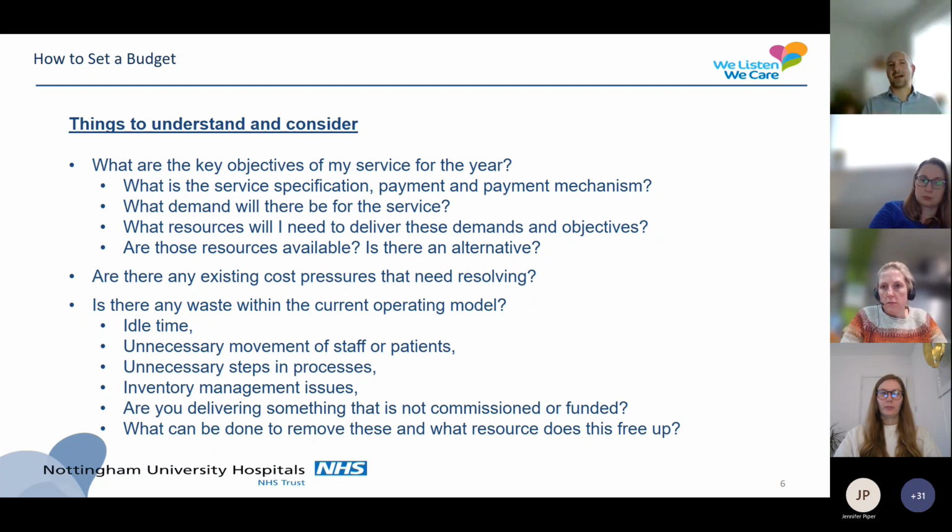So you're either going to have to put on WLIs at an increased cost, and that's assuming that the theatre teams were able to support that, or you're going to have potentially consultants with idle time on their hands, because they can't deliver the theatre sessions that they were planned to do, which obviously can impact on morale there. But that goes equally for outpatient clinics, and for bed-based activity. If you haven't got the beds to put the activity in post-operation, then you're still going to create that idle time.